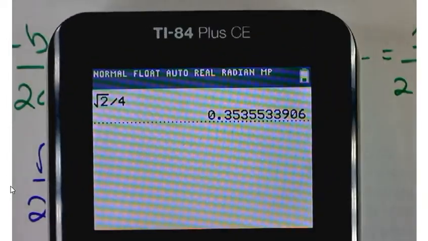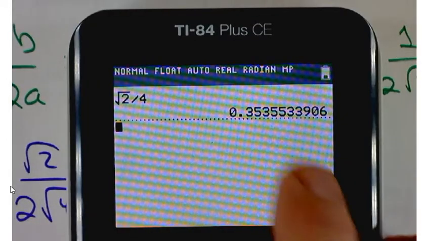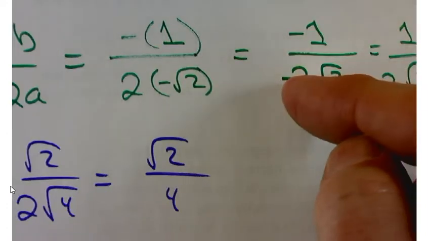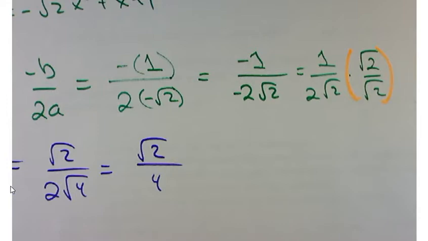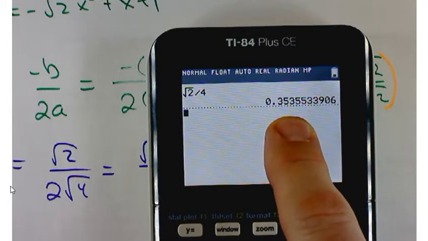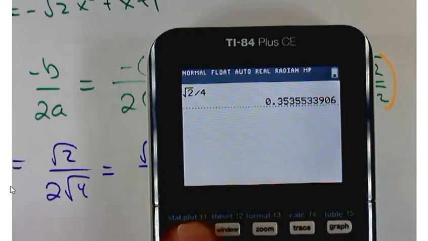Oh, I'm thinking the y-coordinate. Okay. The negatives cancel each other out right here. So the negative and negative is a positive, so those cancel each other out. All right. So about 0.35, 355, etc. Is that what you guys are getting? Okay, good. Let's graph this.